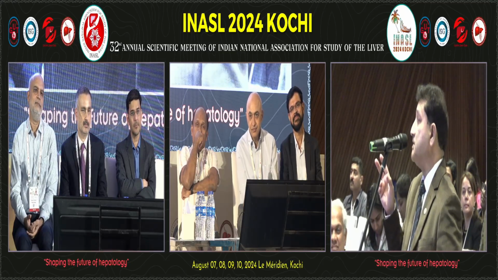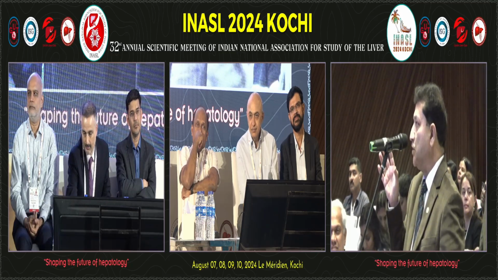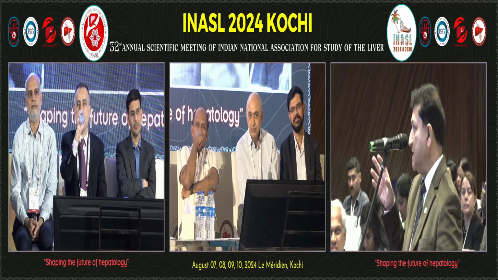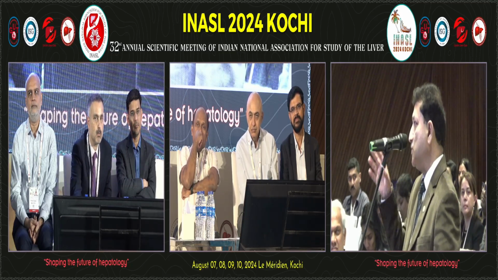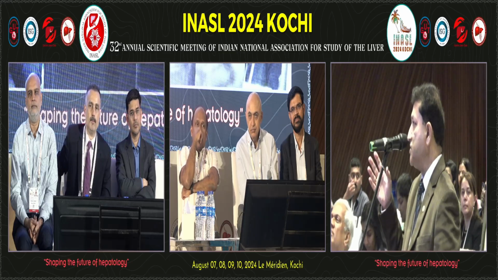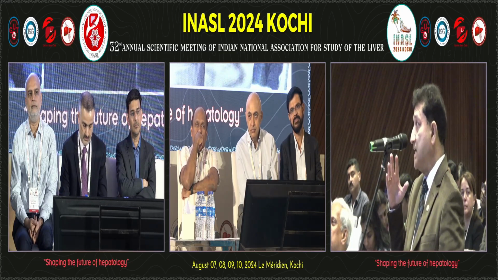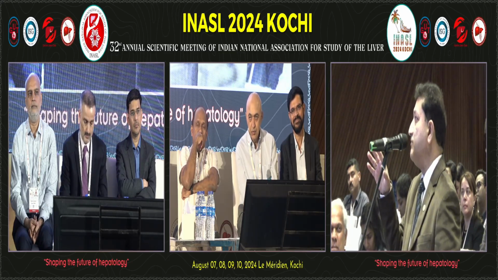The other program which we have started from INASL, and we'll elaborate tomorrow, is called the ROCO program. INASL has ties with Rotary International, so this is the Rotary-INASL program on combating childhood obesity and fatty liver. It has actually taken off very well, and I'll show you data on how many schools and how many children we have covered.